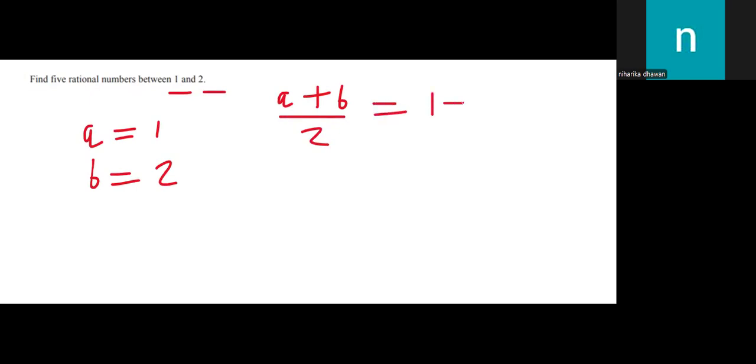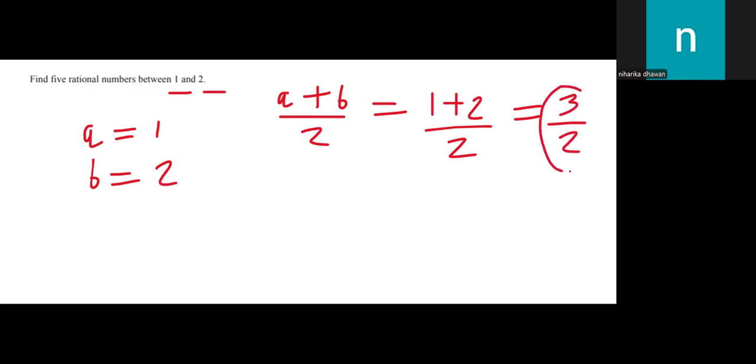So if I take a equal to 1 and b equal to 2, I can find the first rational number between these two numbers as (a plus b) by 2, which is equal to (1 plus 2) by 2, which is equal to 3 by 2.